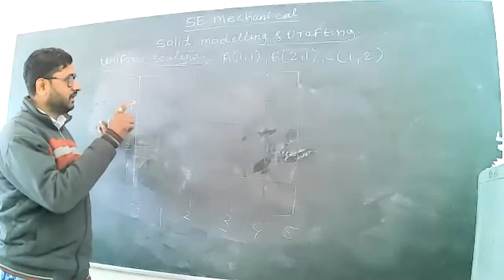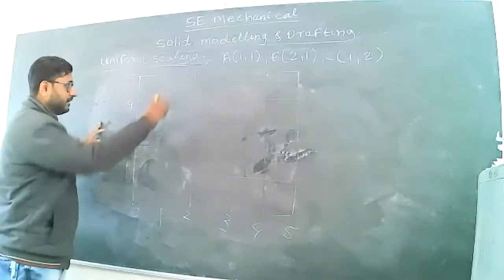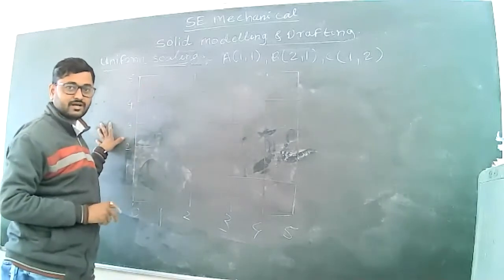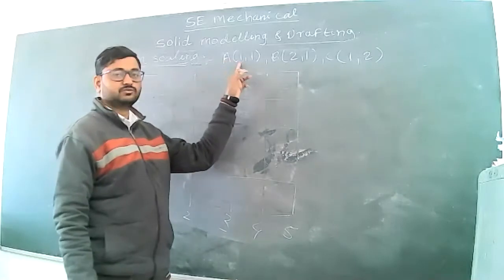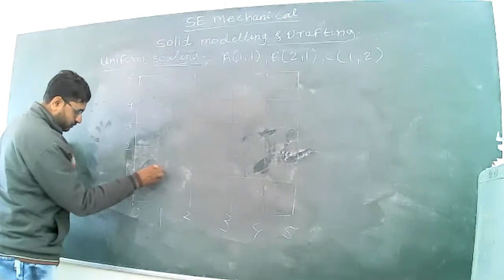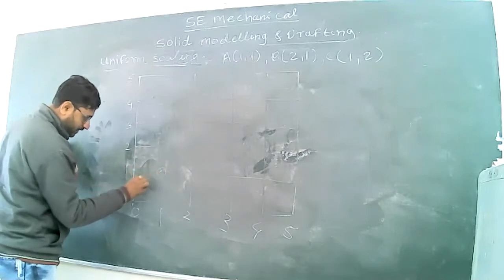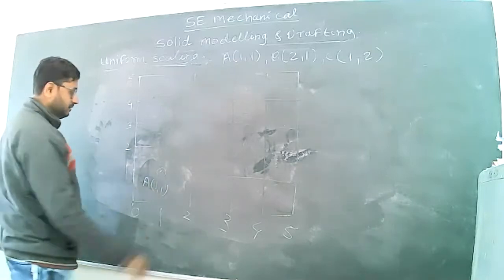So first of all we consider the 3 points A, B, C for the triangle. We locate these 3 points on this graph. A 1 1 means what? X distance is 1, Y distance is 1. We have to locate point A at 1, 1.